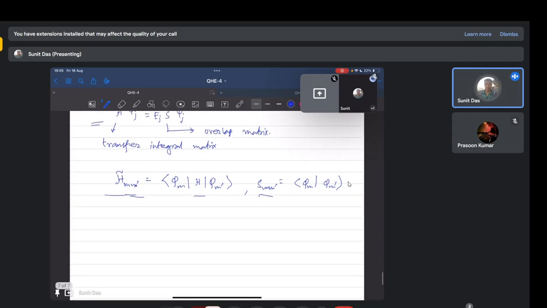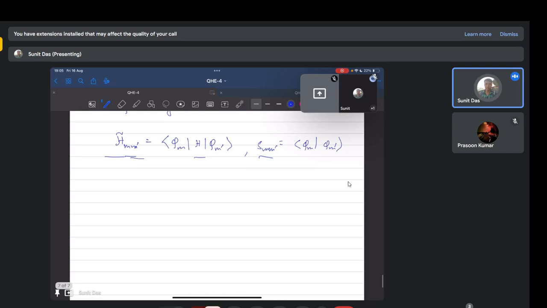So H tilde will be in the orbital basis, let's say. H tilde in orbital basis will be something like m, m prime and so on.